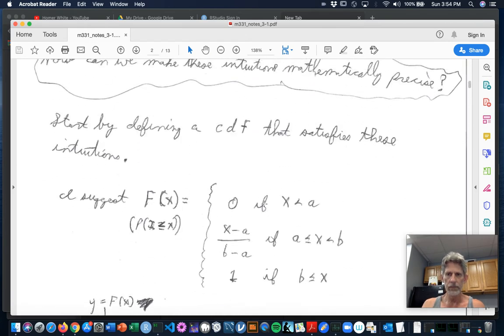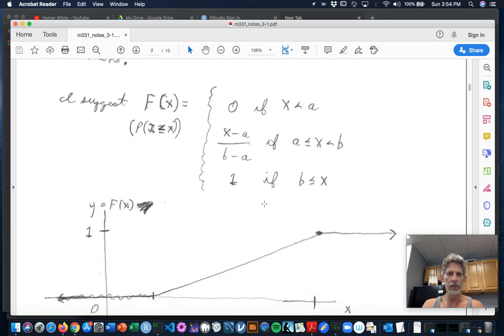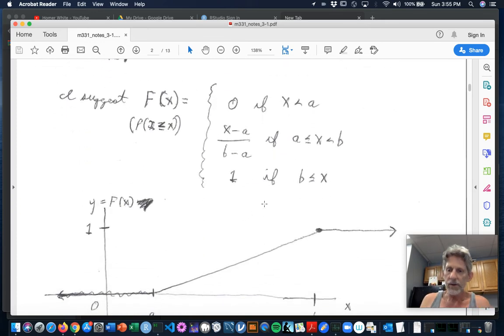It's like page 2 of the notes. So this is the CDF for a uniform AB.